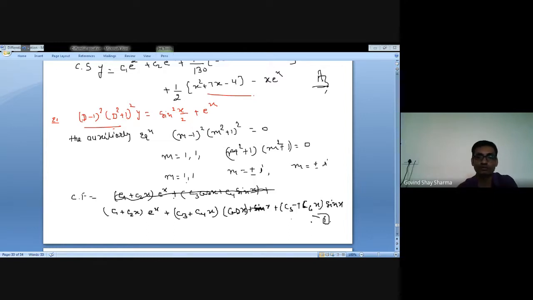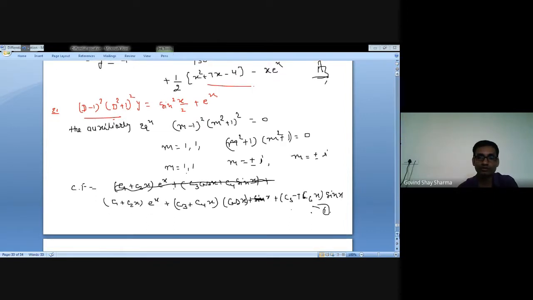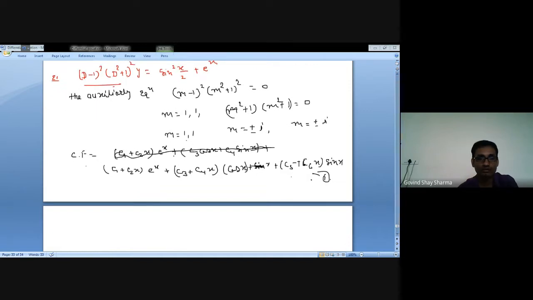Now for the PI, students. PI is equal to 1 upon D minus 1 whole square, D square plus 1 whole square, sin square x by 2 plus e to power x.